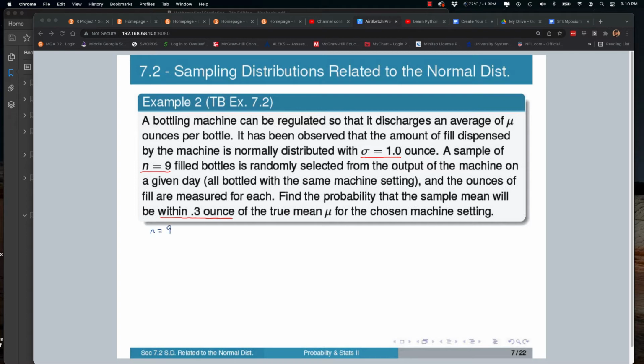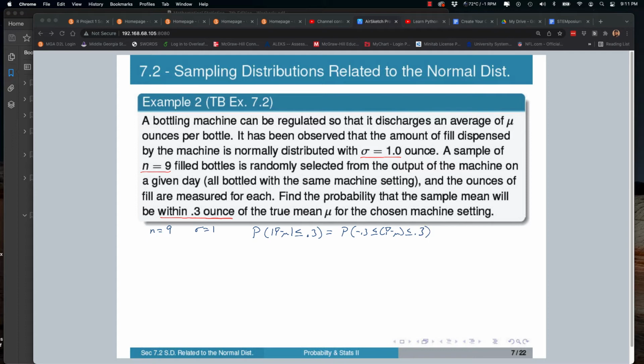All right, so we know n equals 9, the sample size, and we know sigma equals 1. So that information we have. What they're asking us to find is the probability of the absolute value of y bar minus mu being less than or equal to 0.3, within 0.3, which really equals negative 0.3 less than or equal to y bar minus mu less than or equal to 0.3.